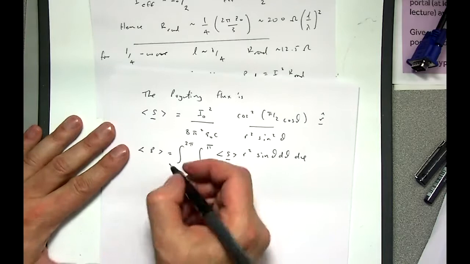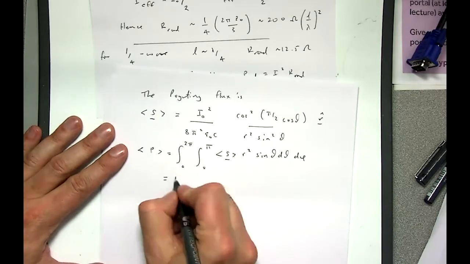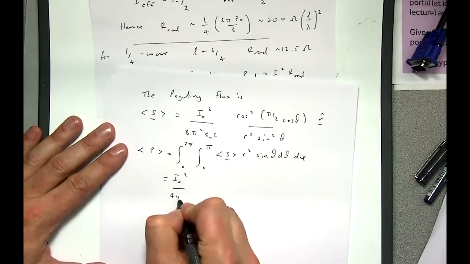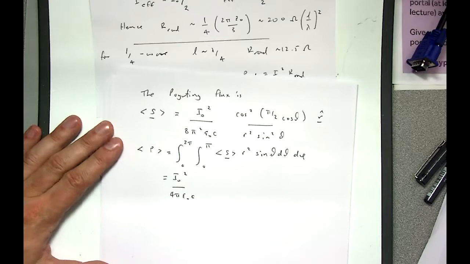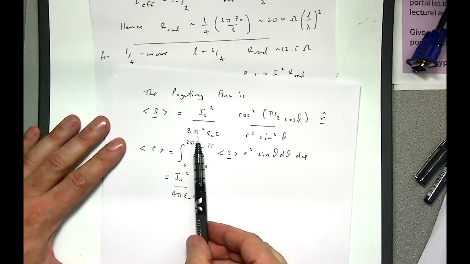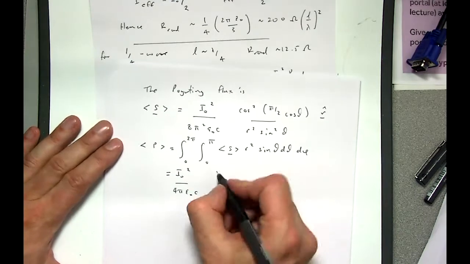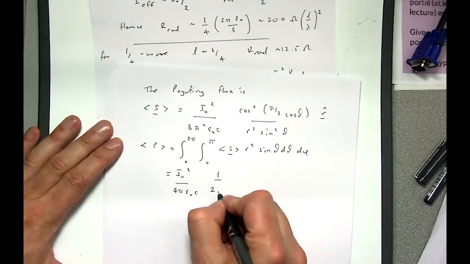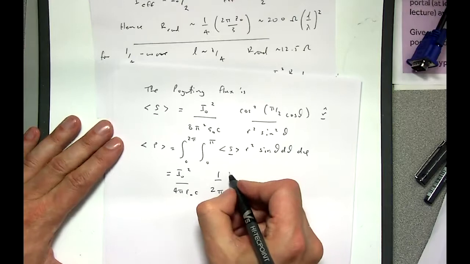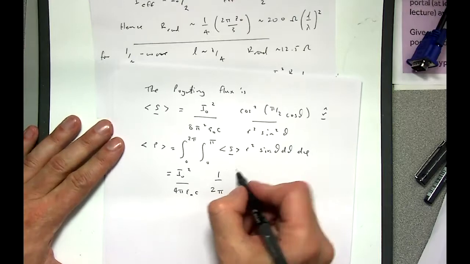Okay? So we write that out explicitly, I naught squared over 4 pi epsilon naught c. There's a factor 2 pi that's gone in there to make the 8 pi squared 4 pi. And I can rewrite the integral over theta like so.